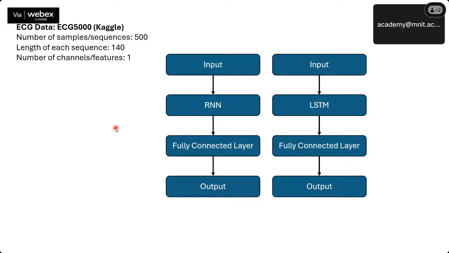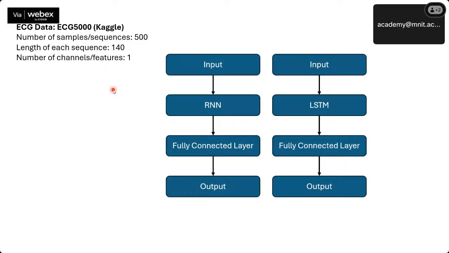And let me tell you something about the data set. We are taking the ECG 5000 data set from the Kaggle website, and this data set is containing 500 sequences. When you go through the information about this data set, they may say that they have 5000 sequences. But when you download the data set and check for yourself, you'll find out that there are only 500 sequences.